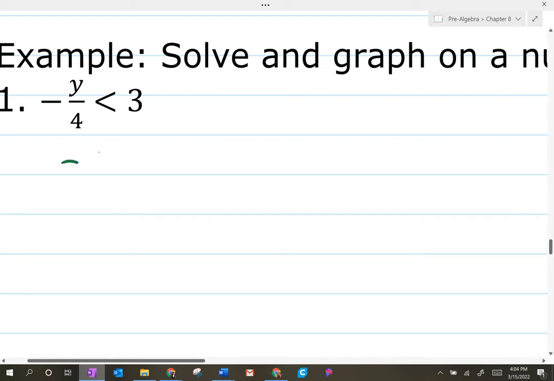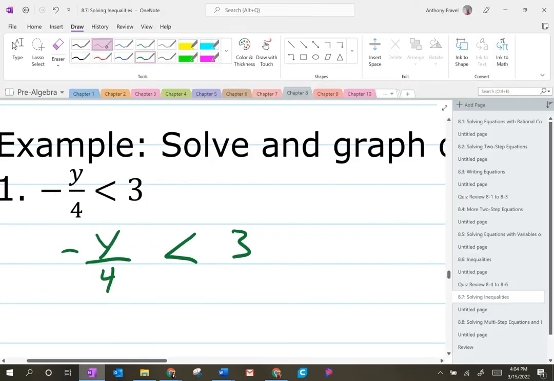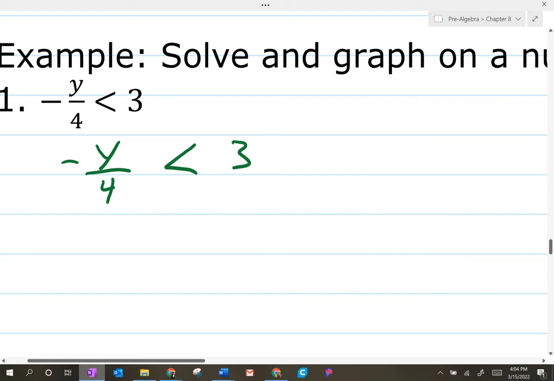I have negative y divided by 4 is less than 3. Now, what I need to do is get this y on the side all by itself. I'm going to show 2 different steps here, giving you an extra step first.